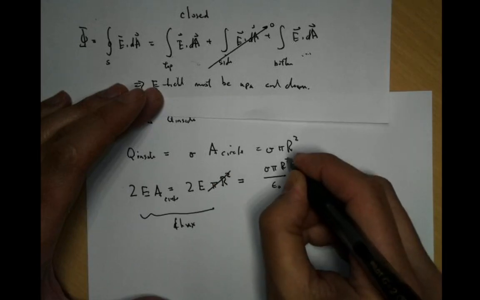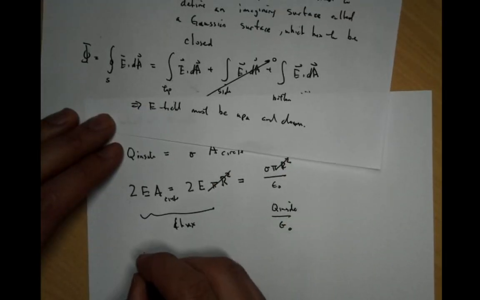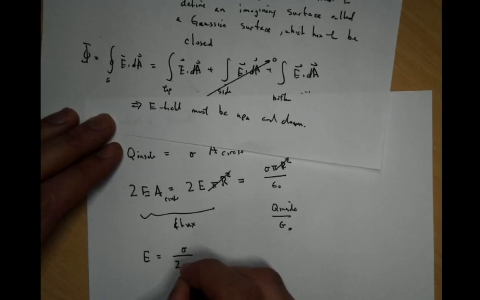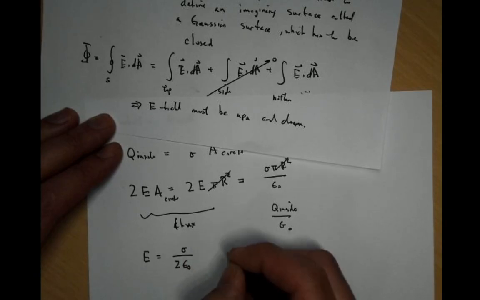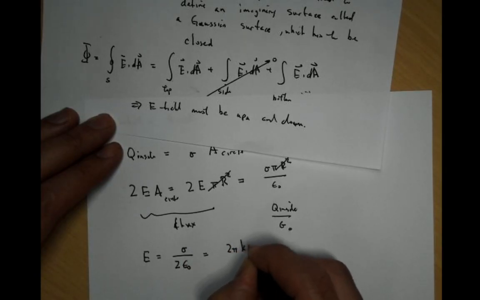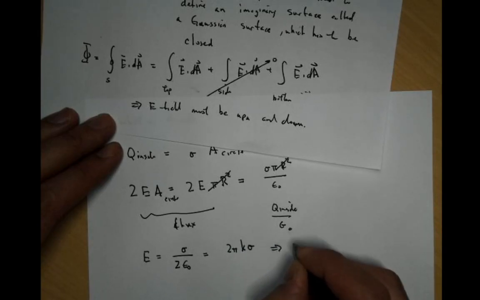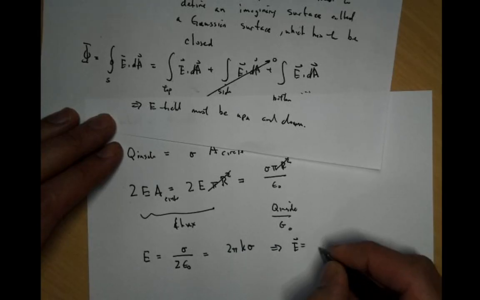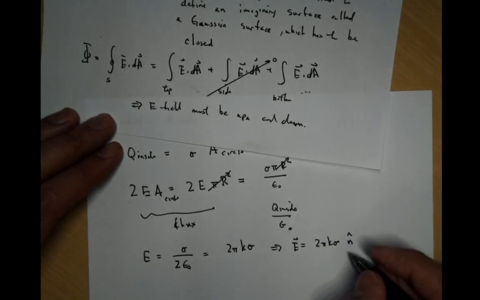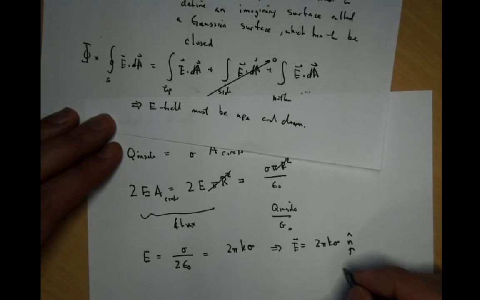E is equal to sigma over 2 epsilon naught, which is equal to 2 pi k sigma, which implies the electric field is going to be equal to 2 pi k sigma times n hat, where this is the normal to the surface.